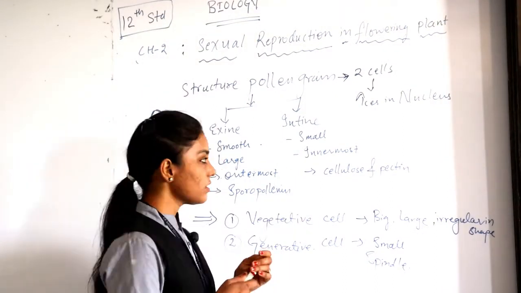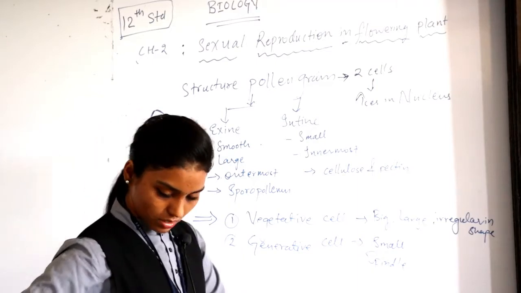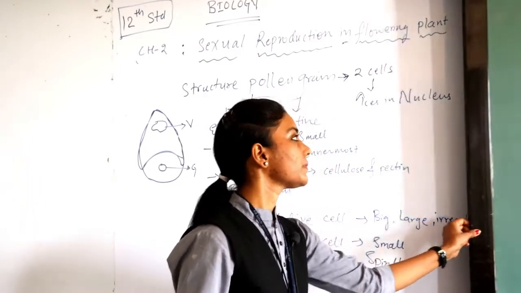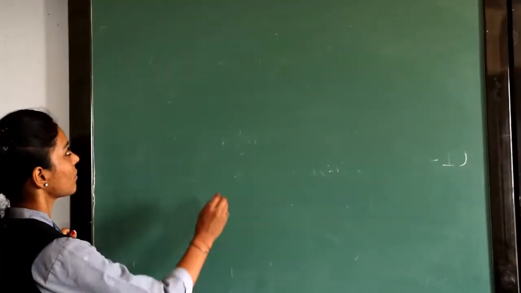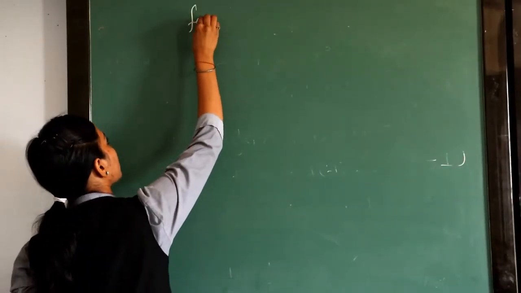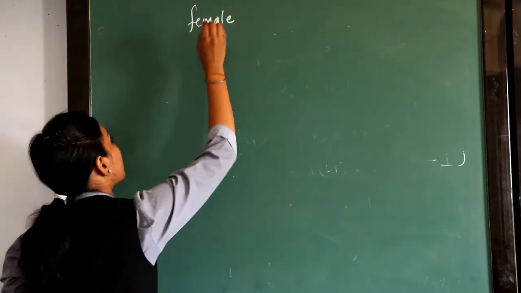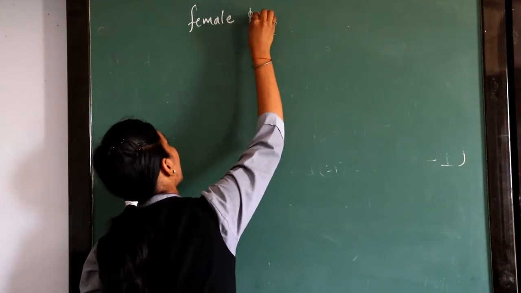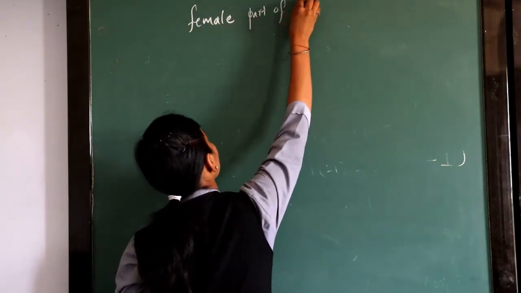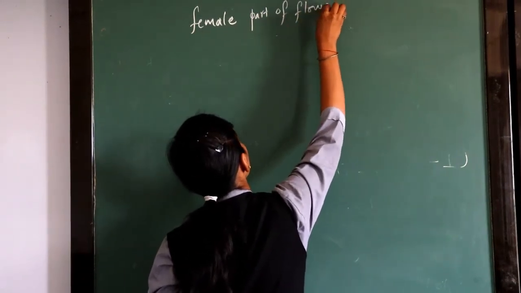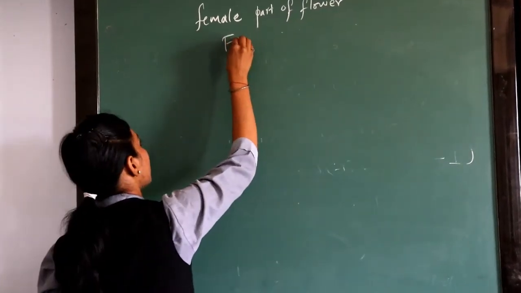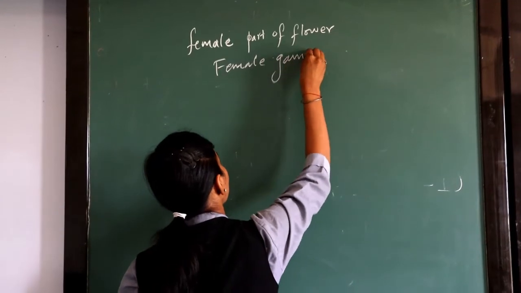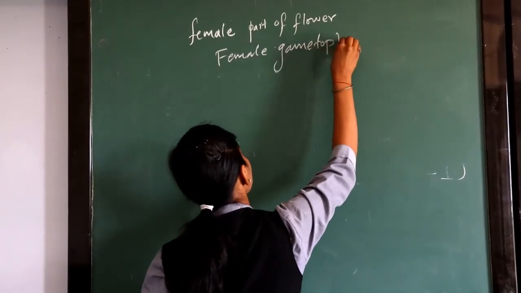Now we will see the female part of a flower. Those things were regarding the male part of a flower. Now we will see the female part of a flower, or it is also called the female gametophyte.